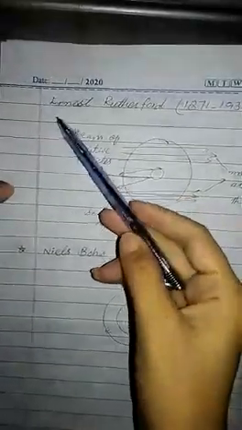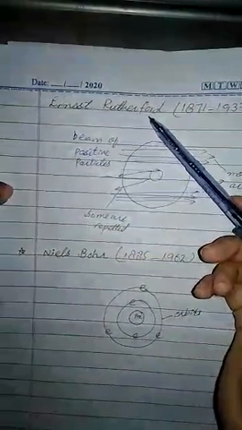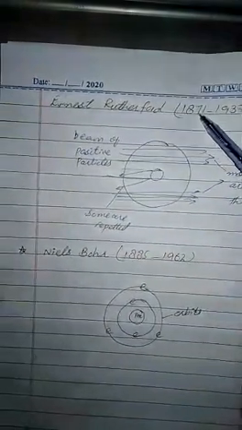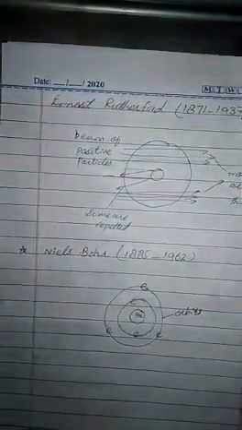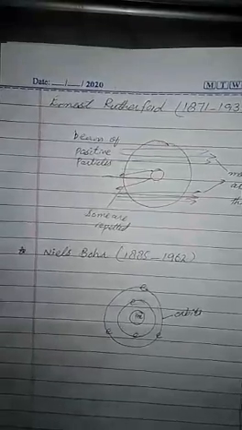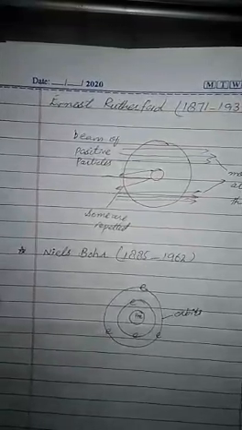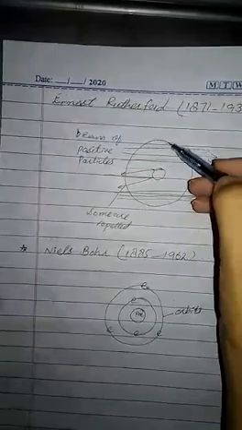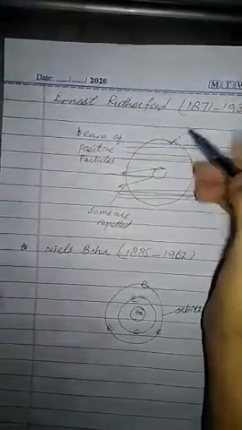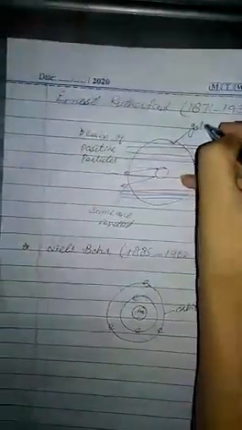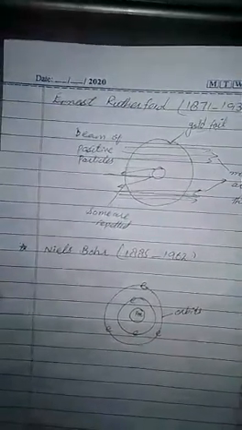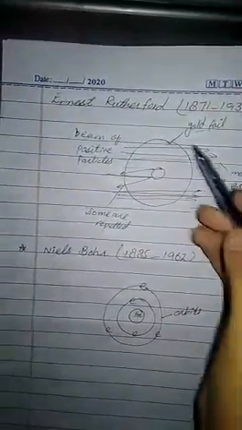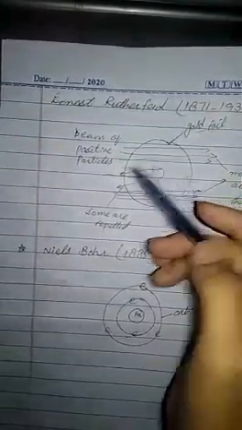Next scientist was Ernest Rutherford. He worked from 1877 to 1937. Students, he had an experiment. He took a gold foil. This is a gold foil. And you know that all things are made up of atoms. This is also made up of atoms.